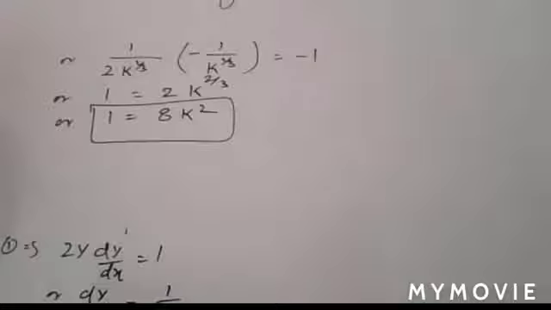Everyone getting this step? Okay. If in a question it is given that the curves intersect at right angle, in that case you only have to follow the condition of perpendicularity. That means m1 m2 is equal to minus 1. Understand? And there is no need to find the value of tan theta is equal to m1 minus m2 upon 1 plus m1 m2.